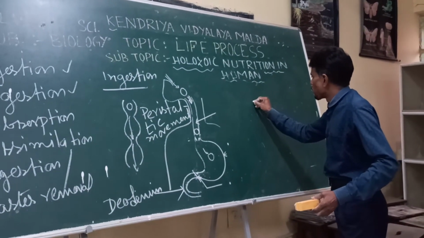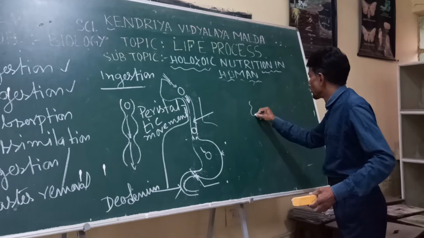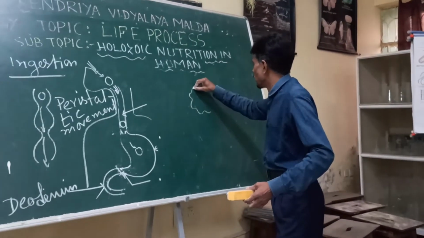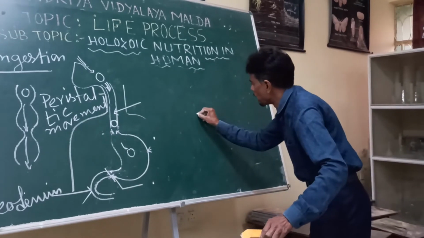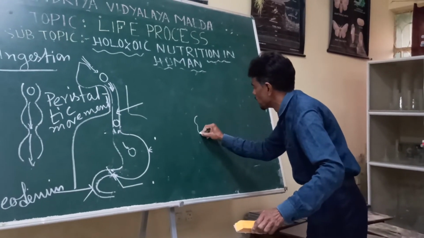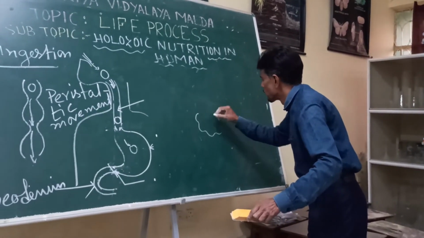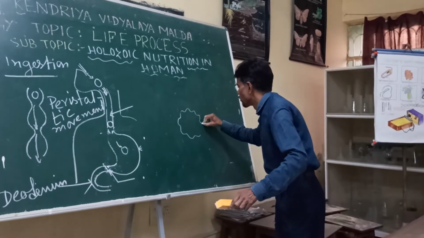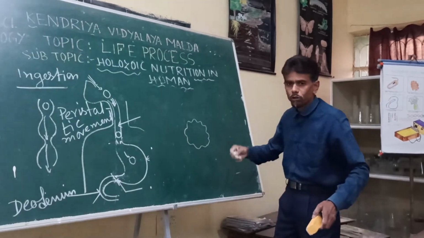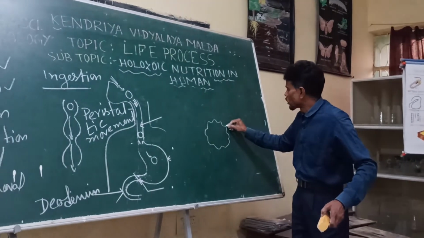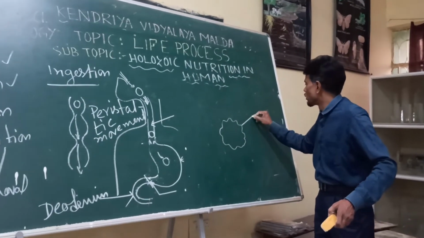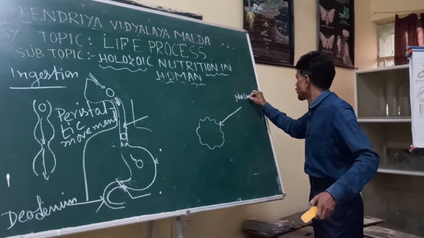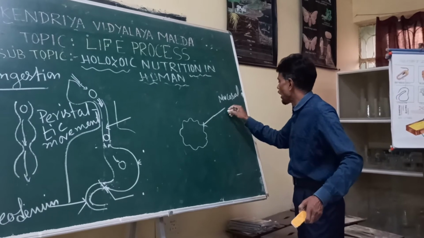The innermost part, which has a wavy margin, covers the lumen of the stomach, or the intestine also, the same component. This is called the mucosal layer.